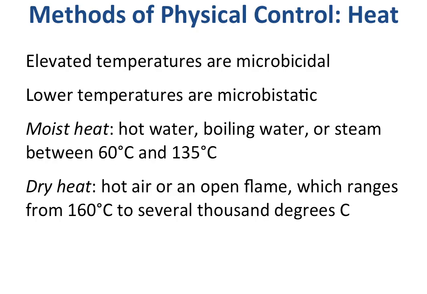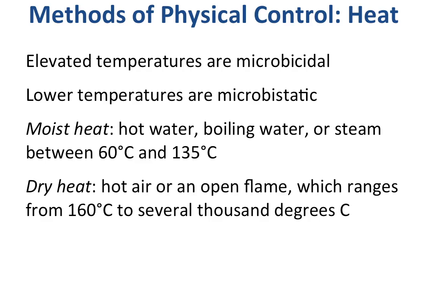So, the methods of physical control. Let me introduce the methods. The first is heat. Okay, so for heat we have moist heat and dry heat. Moist heat means we heat the water and generate steam, water steam.